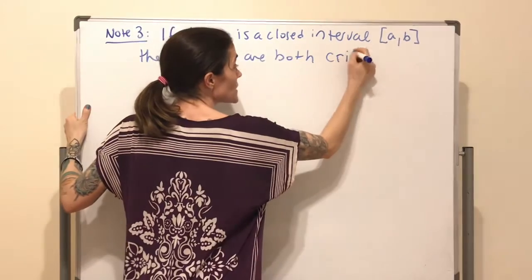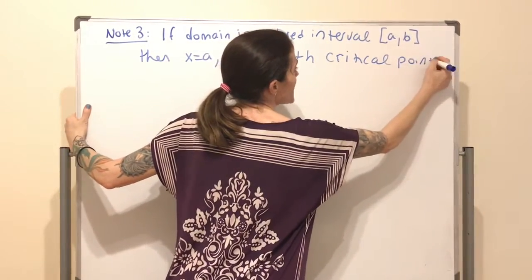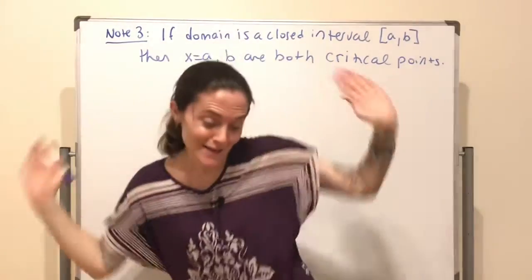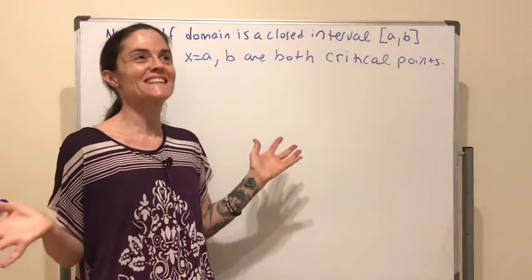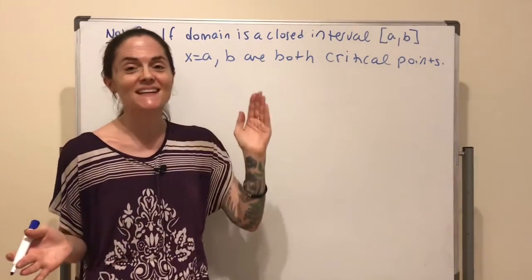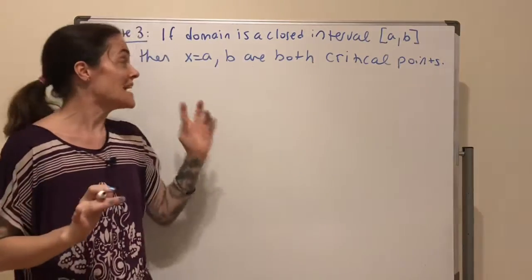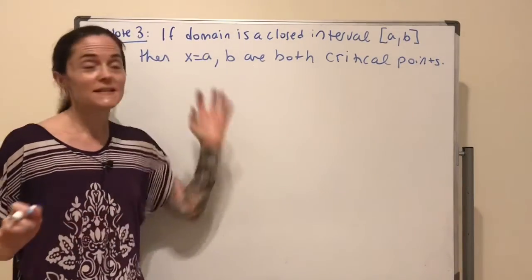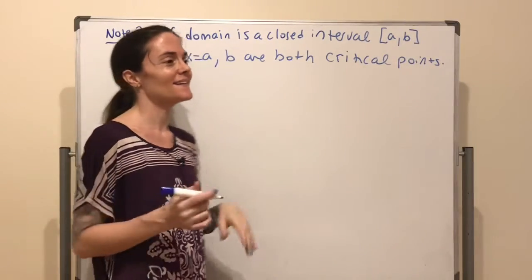So make sure, if you, for example, have a question, here's f of x, and here's a closed interval to work with, find the critical points, a very natural question to ask. Make sure you include the endpoints. And really the reason here is that the derivative is undefined at the endpoints, technically, okay?